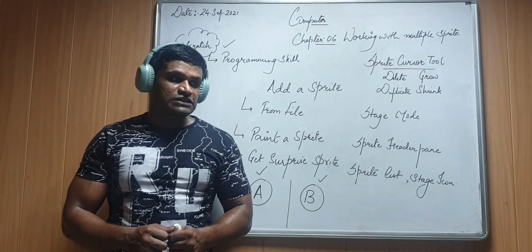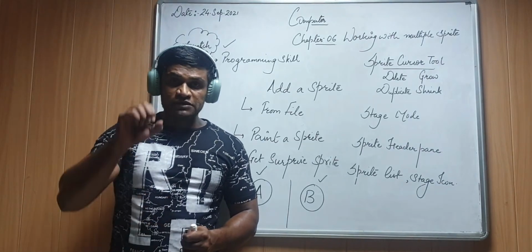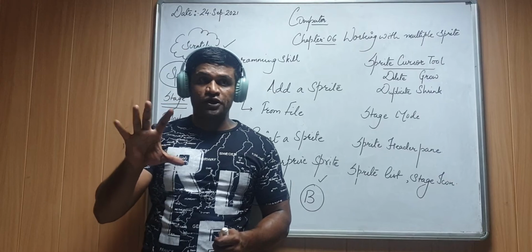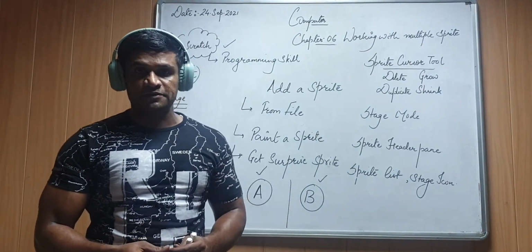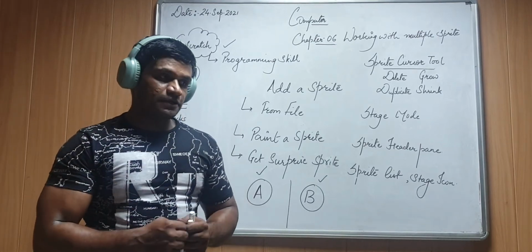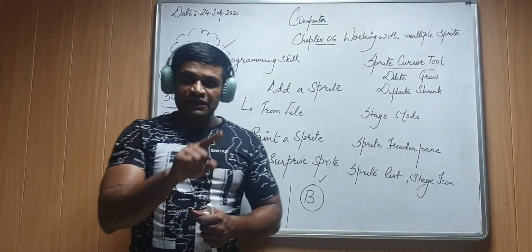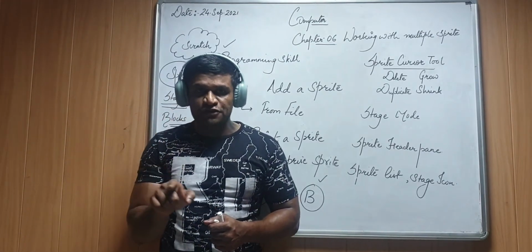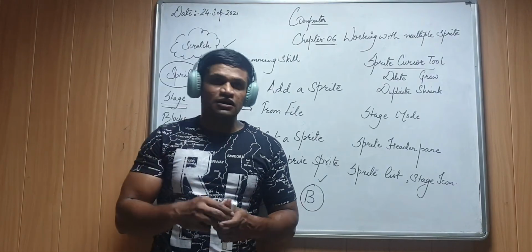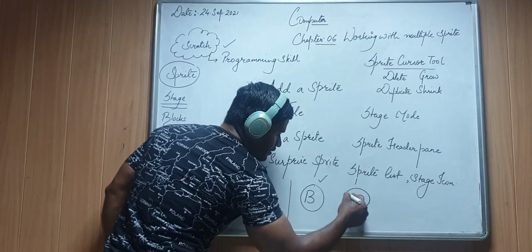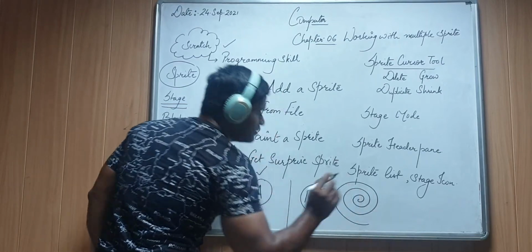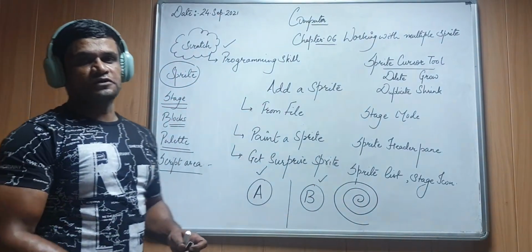The second is fish eye. Fish eye means it will zoom at a certain part of the sprite. That's also a graphical effect. Whirl. Whirl means the sprite will be turning towards the center. It will seem to you that the sprite is turning towards its center.